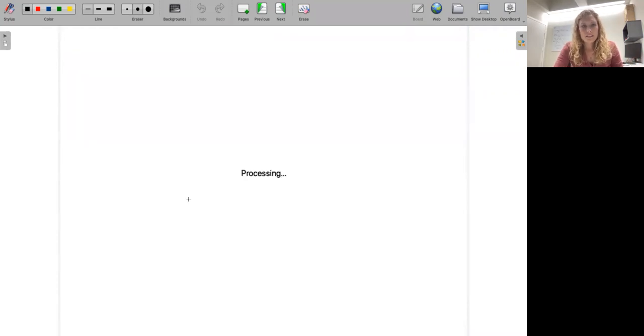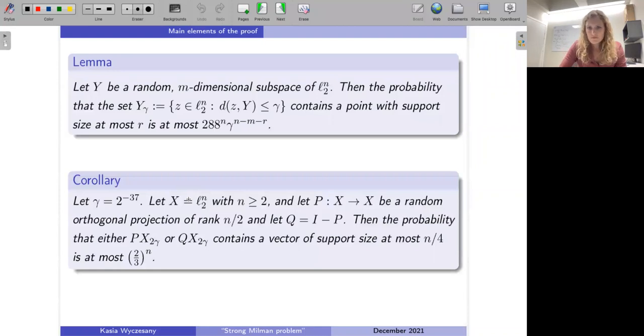And the corollary of this lemma is that the projection P that I've chosen, the random orthogonal projection of rank n over 2, and the Q that is defined as identity minus P, can be chosen with high probability to contain only vectors whose support size is more than n over 4.